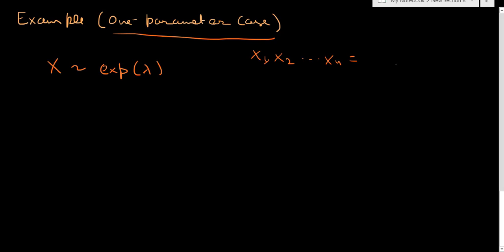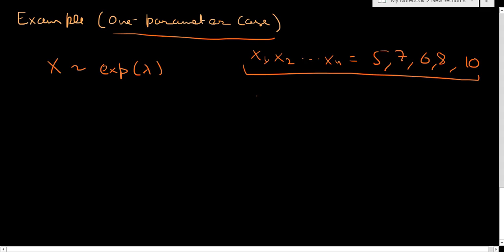Let's say we have got a sample of 5 values: 5, 7, 6, 8 and 10. Let's say these are the 5 values that we have derived out of an exponential lambda distribution. Let's say these are holding times or something like that, and we have to calculate the value of lambda using the maximum likelihood estimation.